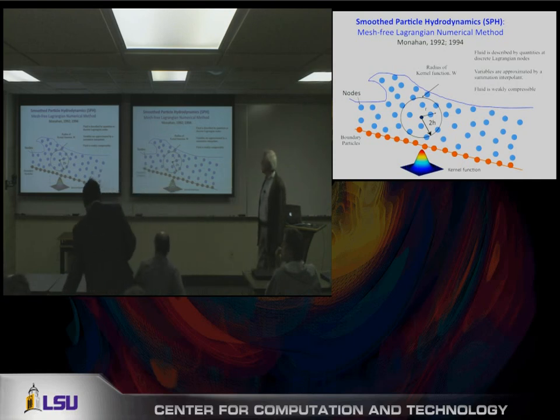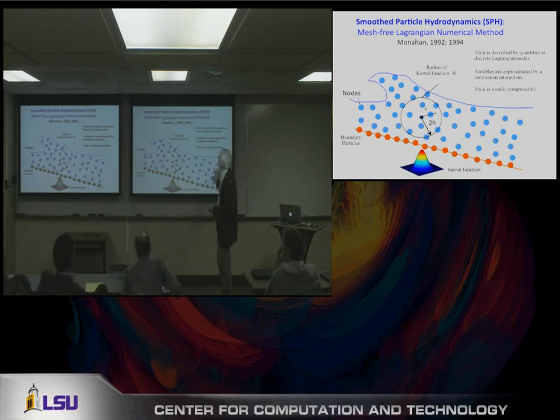You can think about smooth particle hydrodynamics as a mesh-free numerical method. You can think about these points as nodes. They're just irregularly spaced nodes. So instead of finite difference or finite element and looking at your nodes, these nodes are just irregularly spaced.